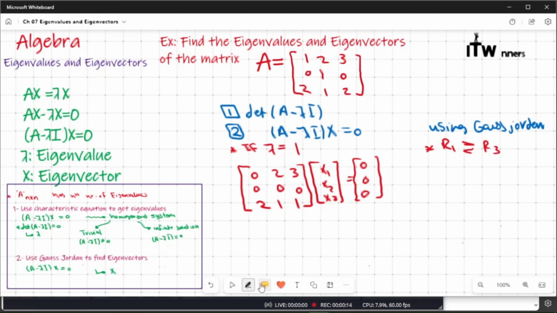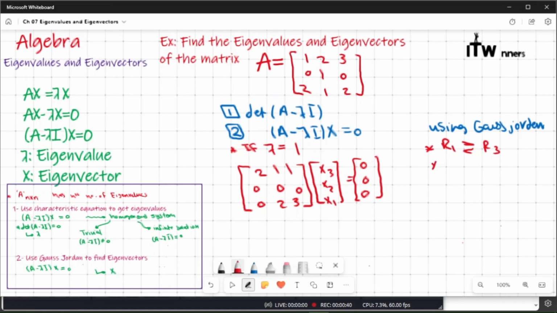So we have 2, 1, 1, and 0, 2, 3, and here we can use x3 and x1. Nothing will change.